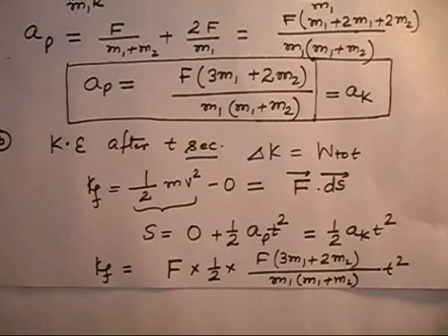I know initial velocity of point K is 0 because the motion has just started from 0 velocity. So S is equal to ut, that is 0, plus half a t square.